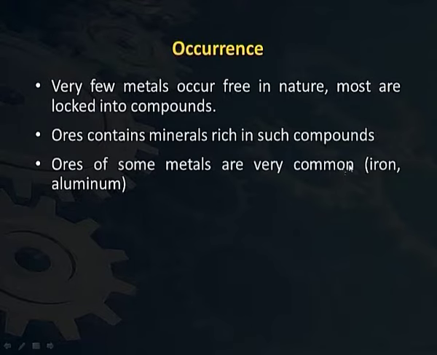These oxide and sulfide rich compounds are the mineral resources, and these minerals themselves are mixed with other waste material or gangue material, and they are collectively known as the ores. So when we pick up the ores, we first have to carry out a beneficiation process where we enrich the mineral content before we can carry out the extraction process.